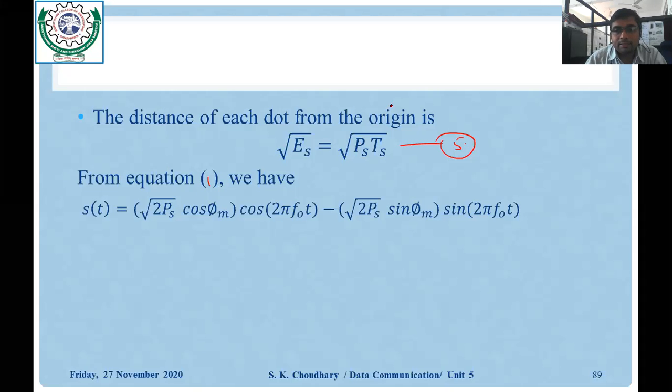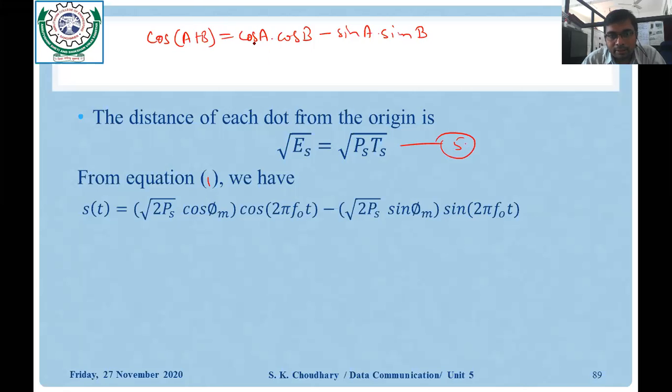We know the formula cos a plus b is cos a cos b minus sin a sin b. Using the same formula we expand this equation: s of t is square root of 2 Ps cos phi m into cos 2 pi f naught t minus square root of 2 Ps sin phi m into sin 2 pi f naught t. This is equation number 6.